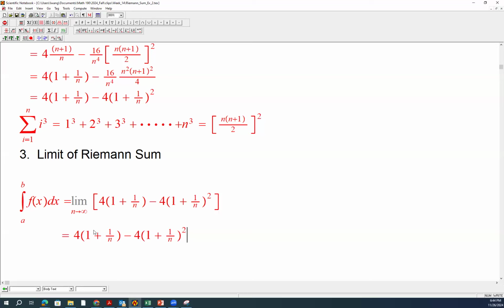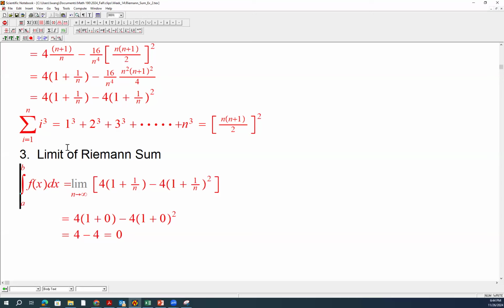Applying limit law as n approaches infinity, this is 0, this is 0. So in the end, what do we get? This is a 4, right? This is a 4. 4 minus 4, we get 0. This limit is 0. You can use the fundamental theorem of calculus part 2 to verify, okay?